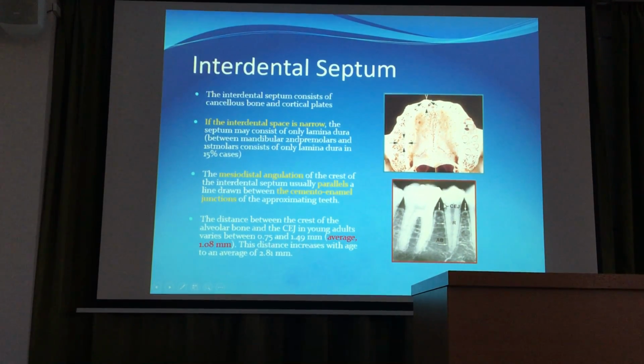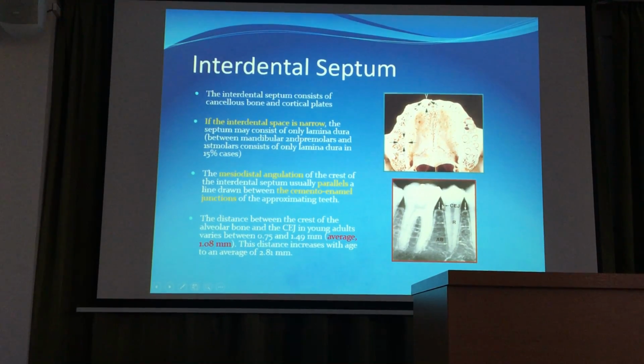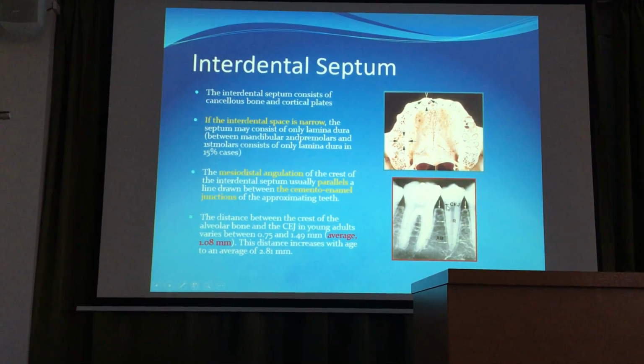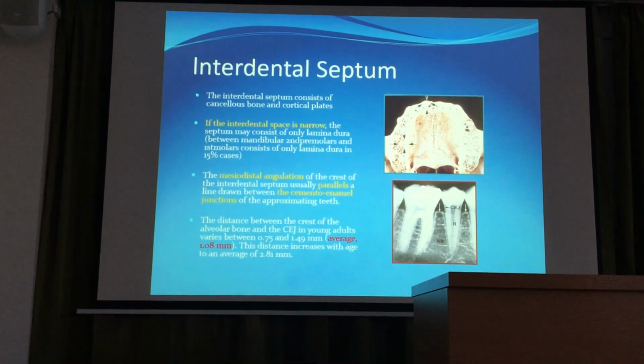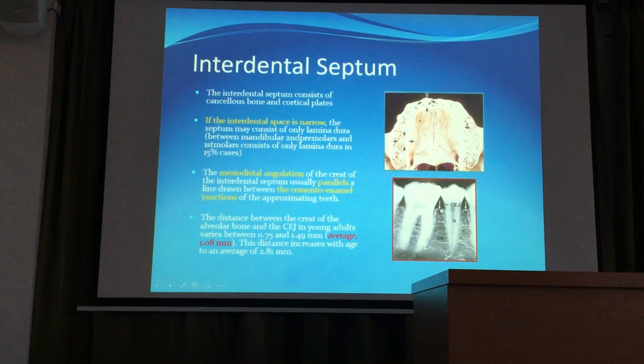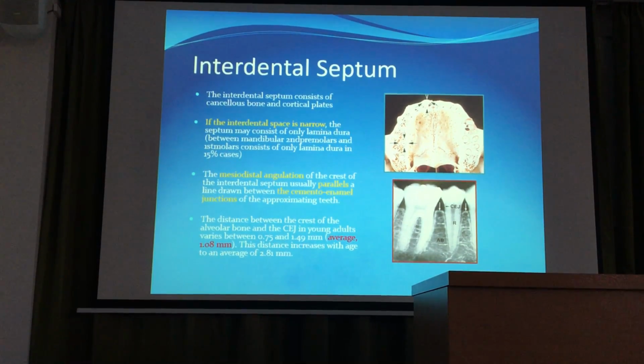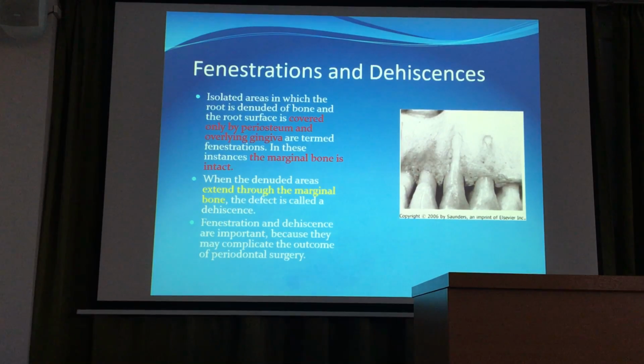We can see the CEJ in the X-ray, and the distance between the bone and the CEJ is quite optimal, roughly 1 millimeter in the physiological aspect. And if we have bone loss, which could be characteristic of certain periodontal problems, the distance gets larger. So sometimes we have to take an X-ray.